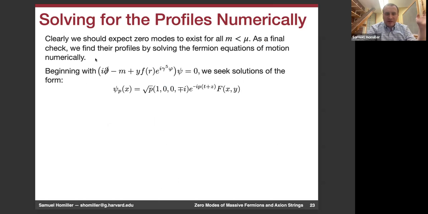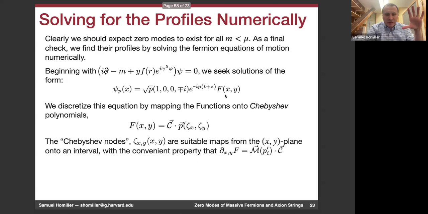And now as a final check, I'm going to solve for their profiles numerically, doing the equations of motion. So I'm not going to bore you with all the details here. It is kind of a fun exercise to see how you do these things. We use what's called Chebyshev interpolation.